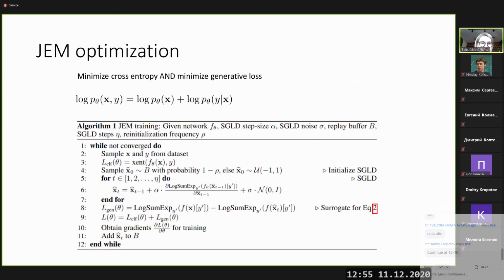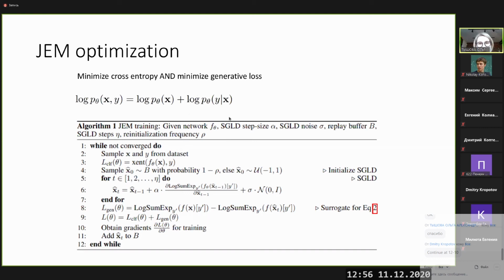For the energy-based model, the logarithm of the joint distribution can be factorized into the sum of the logarithms of the probability density of x and the conditional probability density of y given x. So in order to optimize the generative model, we can separately optimize the loss function over the probability density of x and the probability density of our classifier.